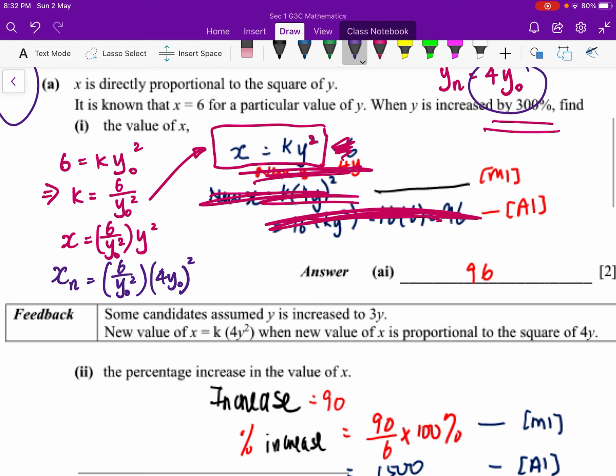We're going to square this. After you expand, you get 6 over y0 squared times 16 y0 squared, which is 6 times 16 to give us 96.